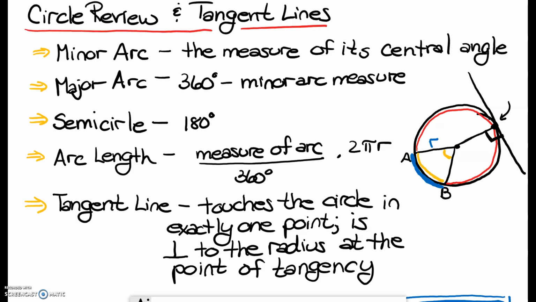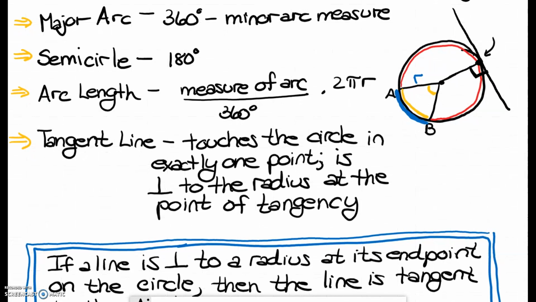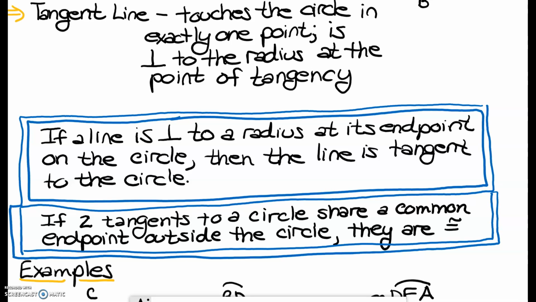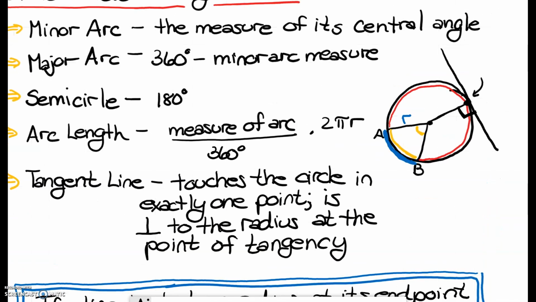All right, so we also have a postulate here that says if a line is perpendicular to a radius at the endpoint on a circle, then the line is tangent. We also have a second postulate here. It says if two tangents to a circle share a common endpoint outside the circle, they are congruent. So what does that mean? Well, let's take a look at this.